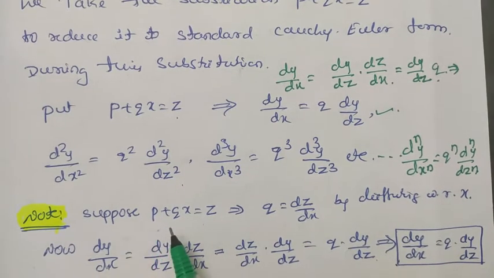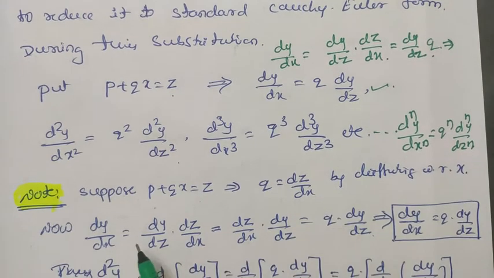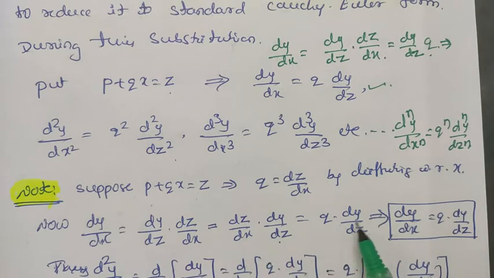Suppose we put p plus qx equals z. Differentiating with respect to x, we have q equals dz by dx. Now dy by dx equals dy by dz into dz by dx, which is q into dy by dz.